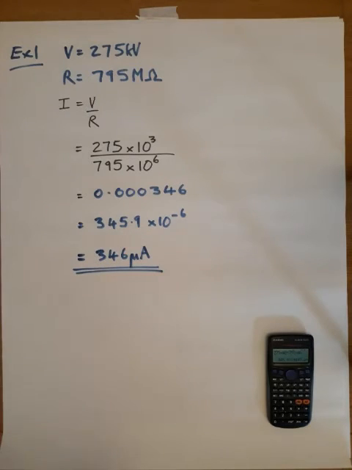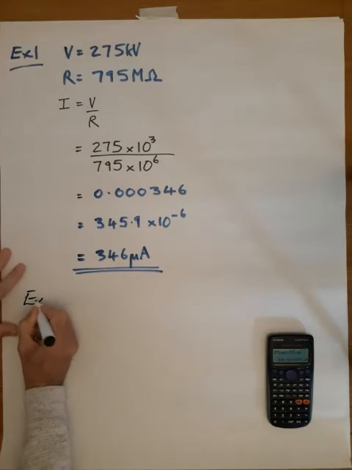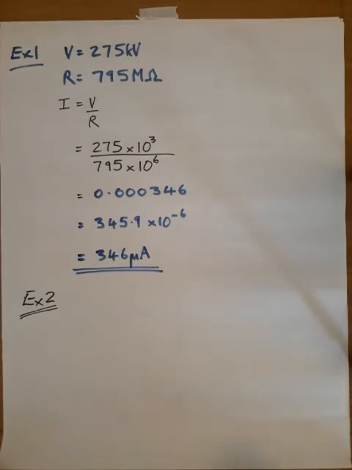Let me try and do one more. So example 2. So let's create a scenario. The potential difference across a resistor is 750 millivolts.